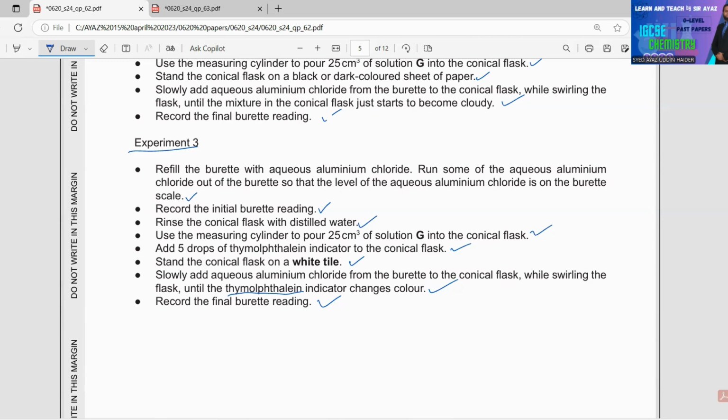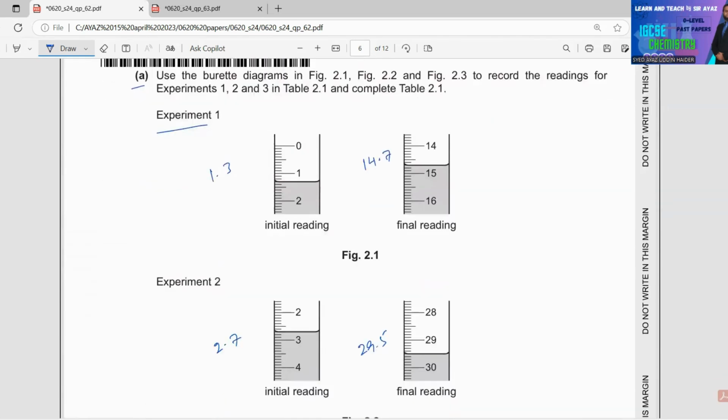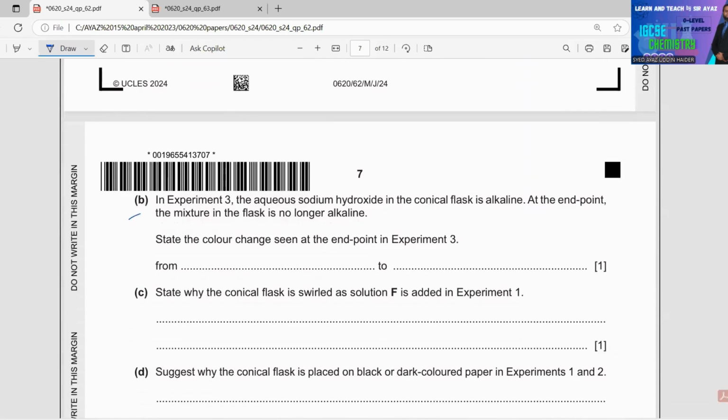And you will add until the color changes. So initially, in alkali, that is sodium hydroxide, it's blue, and when it's neutral, it becomes colorless. So we'll write blue to colorless.